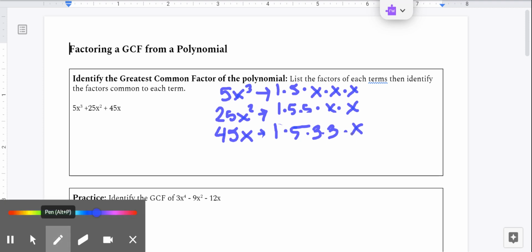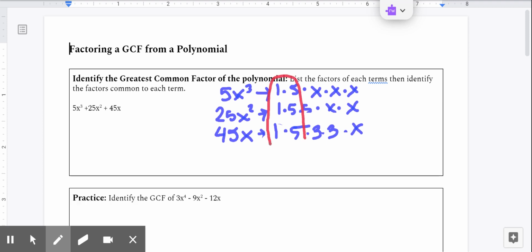We want to go through and find the greatest common factor. So we want to see what these terms all have in common. Well, they all have a 1 times a 5, right? We all have that starting 5 as our factor. And beyond that, the only other thing that all three terms have in common is 1x.